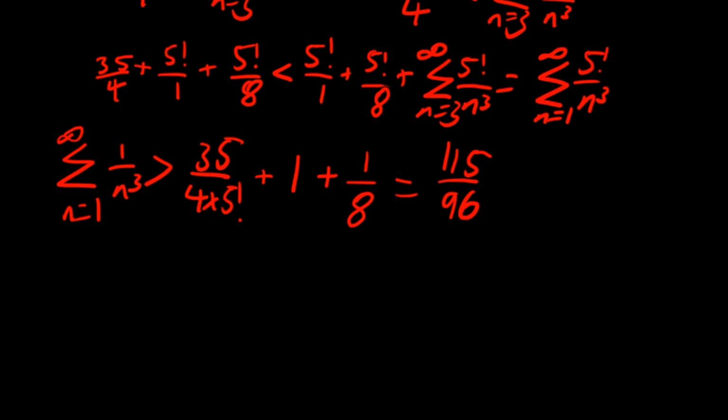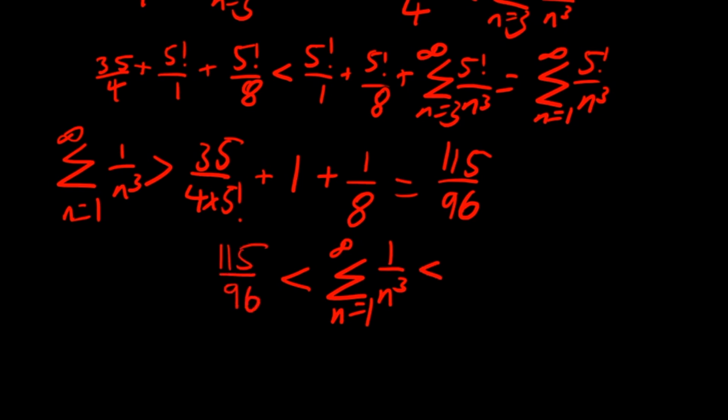And so all in all, we get the required result, which is that the sum from n equals 1 to infinity of 1 over n cubed is greater than 115 over 96, which in turn is also less than 116 over 96.